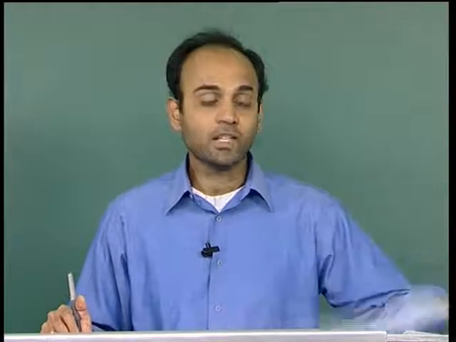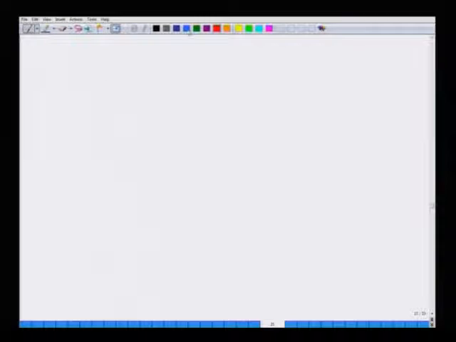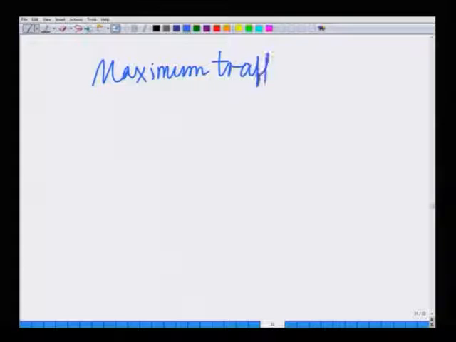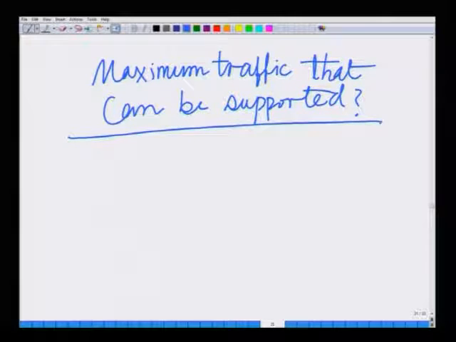Now let us look at what is the maximum traffic that can be supported in this system. For instance, consider a single communication channel.